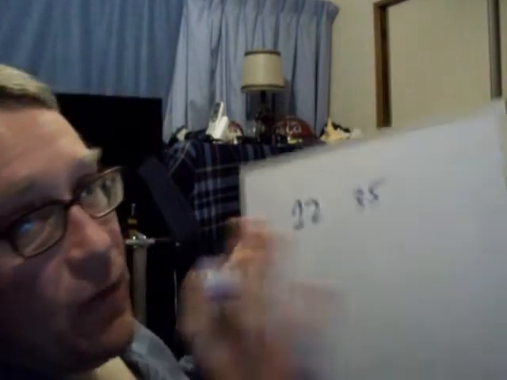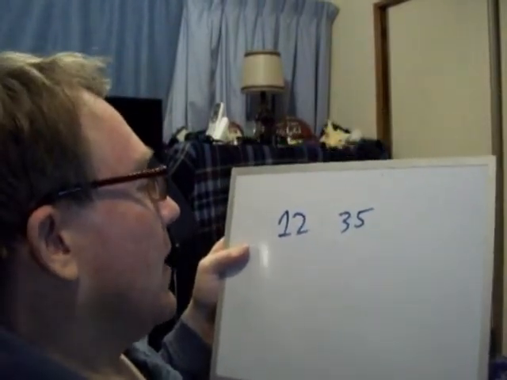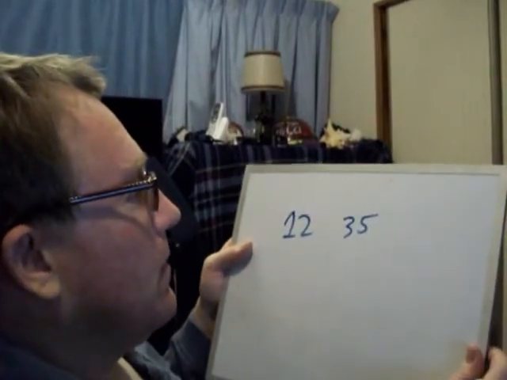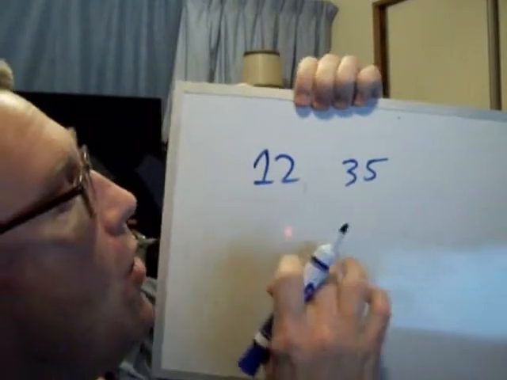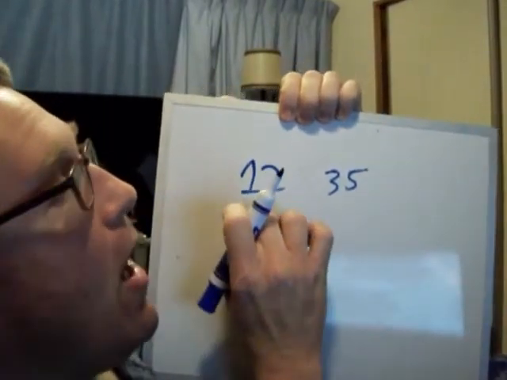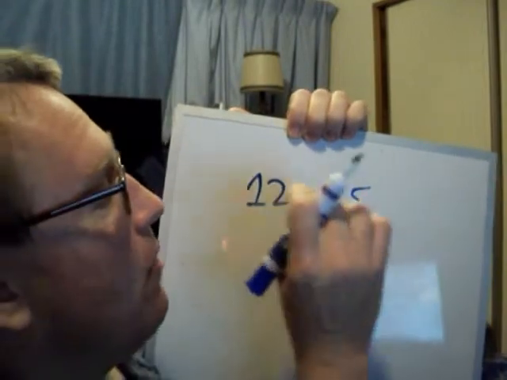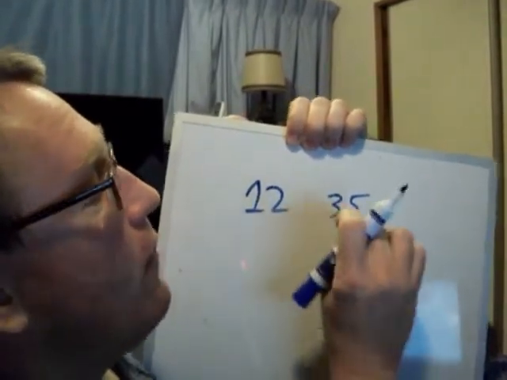How about 35? Okay. All right. As far as I know, there are numbers that can divide 12, there are numbers that can divide 35, but as far as I know, there's no number that can divide both 12 and 35.